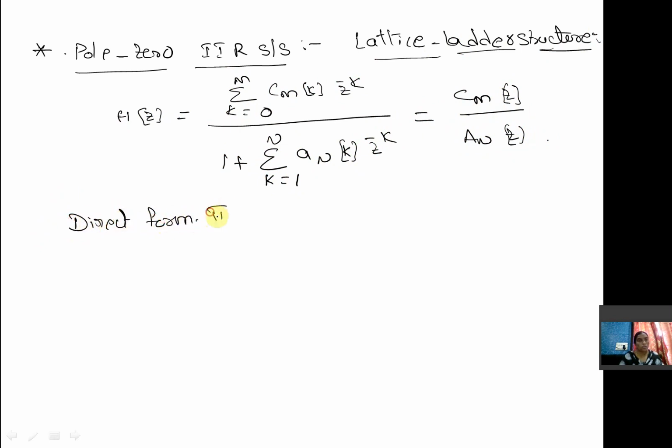Then here, actually we used the direct form 2 realization structure to implement this type of pole zero IIR system. Of course you know this in vertical form.